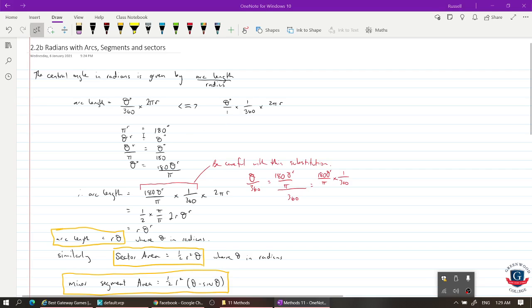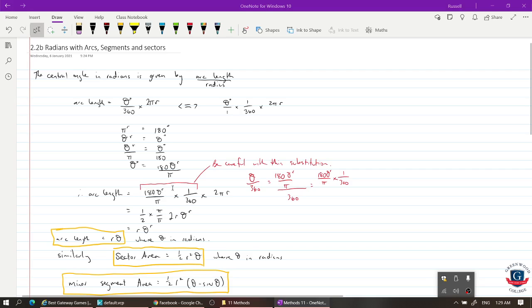Now in the last recording we learnt that theta degrees is equal to 180 times theta radians divided by pi. There's a little explanation of it here, but I might skip that since we've already been through it. All I've done is take this equation and substitute it in where theta is here.